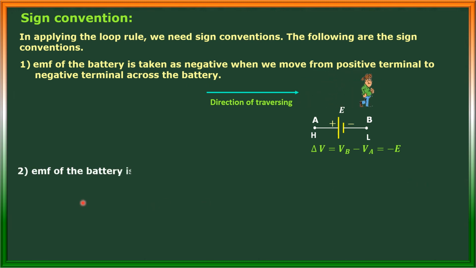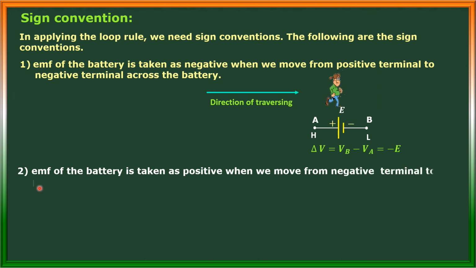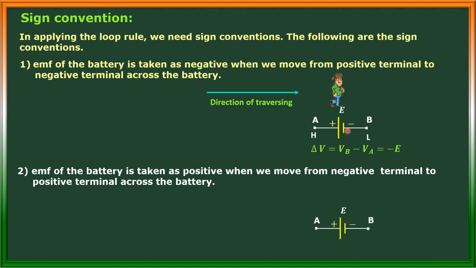Next, the second sign convention: the EMF of the battery is taken as positive when we move from the negative terminal to the positive terminal across the battery. Same battery here. Here is the direction of traversing. That means I am moving from point B to point A, that is from negative terminal to positive terminal, I am crossing the battery.